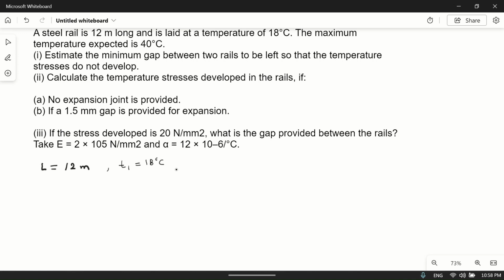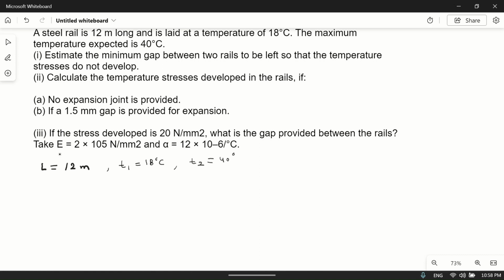Maximum temperature is expected to be 40 degrees, so T final or T2 is 40 degrees Celsius. So we have to consider the maximum and minimum temperature. Estimate the minimum gap between the two rails to be left so that the temperature stresses do not develop.